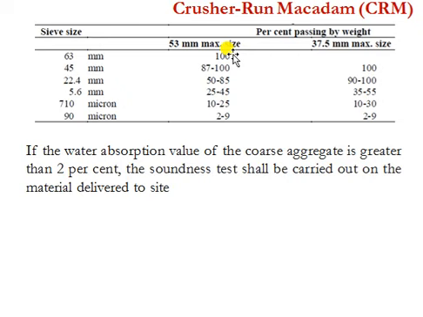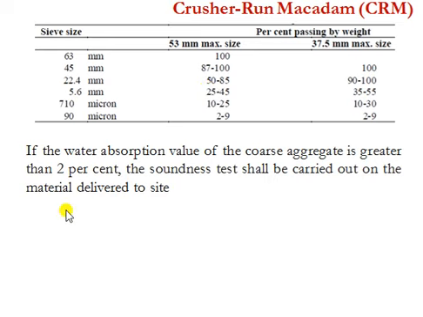The percentage passing through 45 mm sieve is between 85 to 100% for 53 mm maximum size, and for 37.5 mm maximum size 100% is the percentage passing by weight. Similarly, for 22.4 mm sieve, 5.6 mm sieve, 710 micron and 90 micron, this table gives what the percentage passing by weight should be.